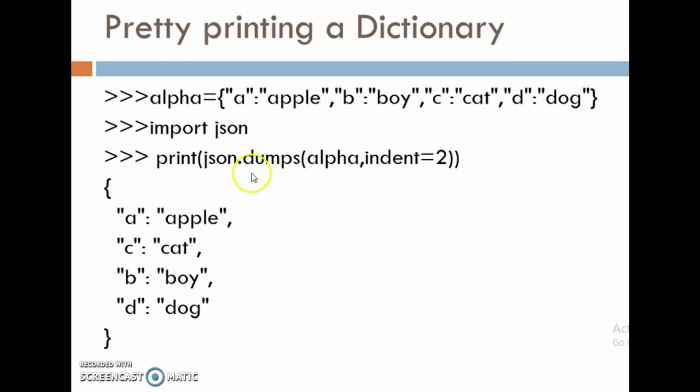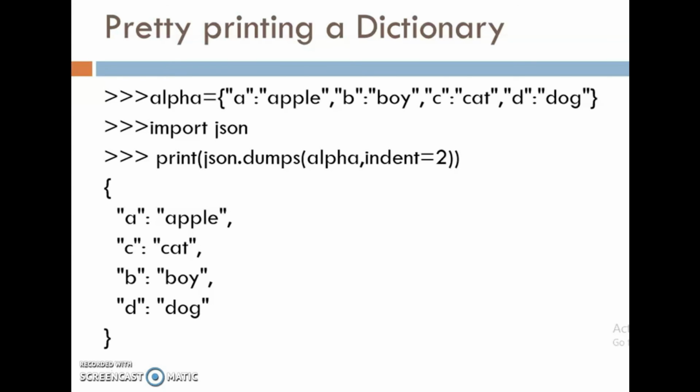After that, we can use this dumps function. print(json.dumps(alpha, indent=2)). Then we can see the dictionary like this: A colon apple, C colon cat, B colon boy, D colon dog. This is known as pretty printing a dictionary.